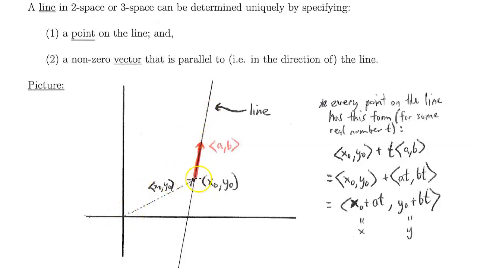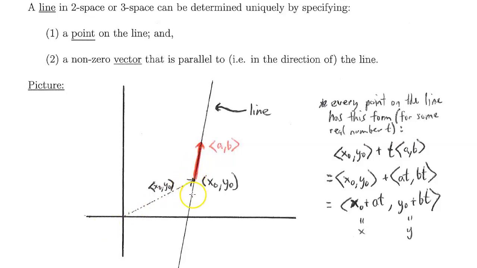So x naught, y naught plus 2AB would get us to this point. Plus 3AB would get us to this point over here, or 1.5AB would get us here. Now, x naught, y naught plus 1AB would get us right here. x naught, y naught plus 1/2 AB would get us to here. x naught, y naught plus 0AB would be here.